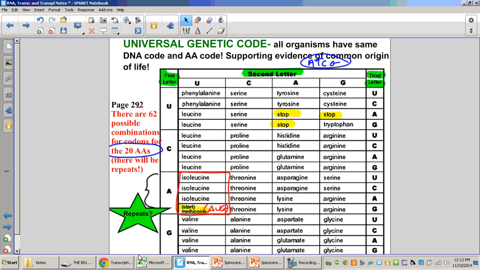I was looking at CAU. Is it histidine? Okay, yeah, histidine. Last one, UUA. Leucine.